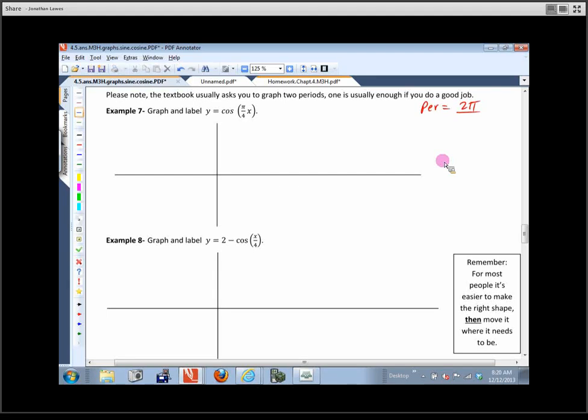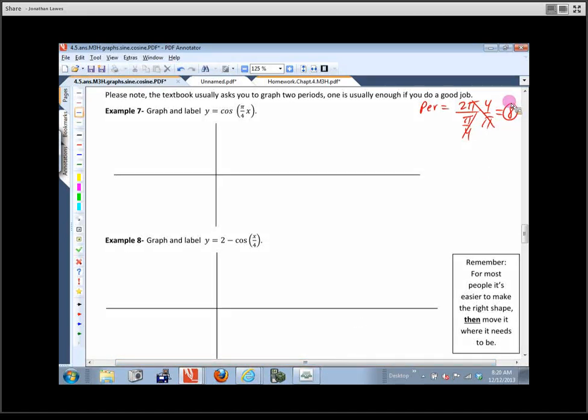What's the period change factor here? Pi/4. Now that's not a very fun number to divide by, but look what happens when we take this and we flip that over and multiply. Those cancel. What's the new period? The new period is 8. So it completes a cycle in 8 units.